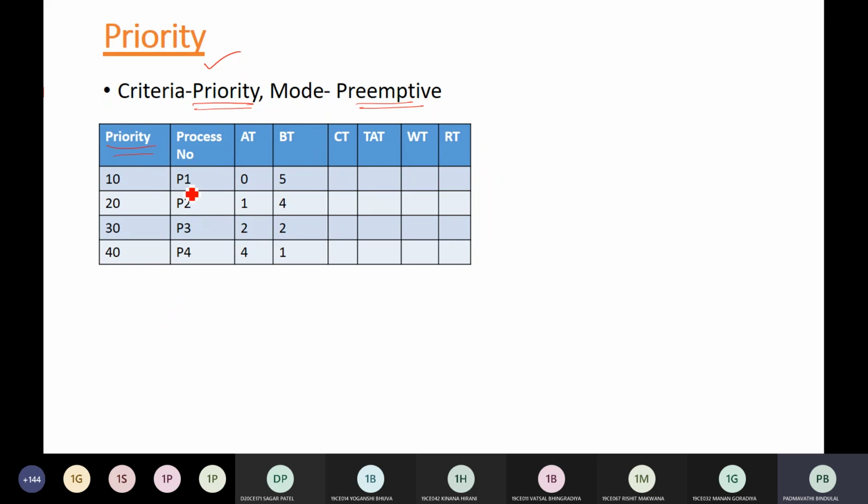Here I am specifying that the high number has high priority. I have given the specification like this, but it depends on what is specified in your question. High number, high priority. Ideally it is the opposite in its base system. You see, low number, high priority is how it usually is, but I am telling you about a variation.